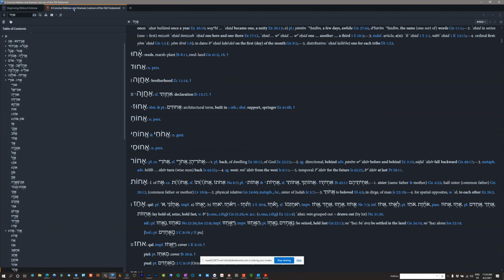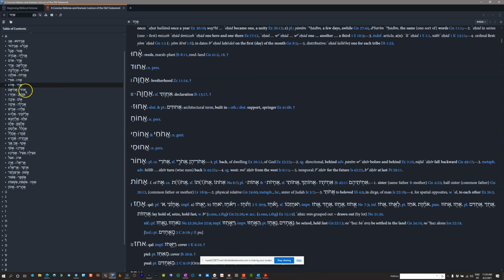So let's go over here to our lexicon. We're in Aleph. Now we need Aleph, Resh. So here we have Aleph, Chet, Aleph, Kaf, Aleph Samek, Aleph Pei, Aleph Tzadeh, Aleph Resh. All right, and you can see that it goes from Aleph Tzadeh to Aleph Resh. Now here we have Aleph Resh Gimel, but we need Aleph Resh Zayin.